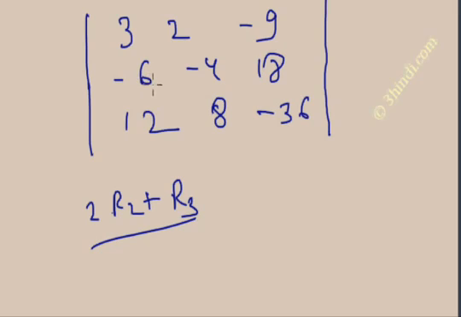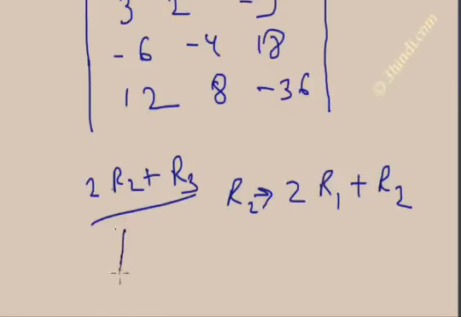Similarly, for r2, perform the following action: twice r1 plus r2. What will you see here? 3 into 2 is 6, minus 6 is 0; 2 into 2 is 4, minus 4 is 0; minus 9 into 2 is minus 18, plus 18 is 0. So both rows are 0.